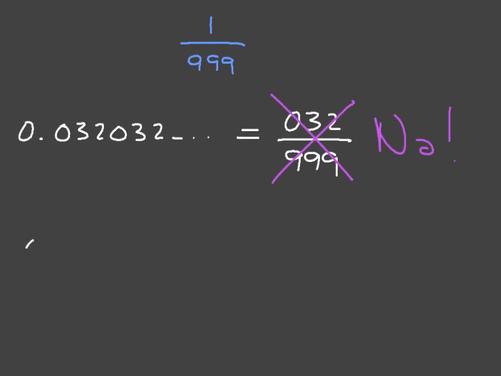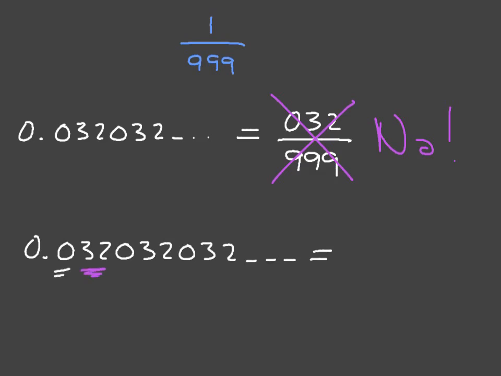Meaning to say, for 0.032, etc., because the first digit here is a 0, we just write the remaining two digits over the 999. And so this would be 32 over 999. And there you go. That's how you write recurring decimals as fractions. Hope that helps.